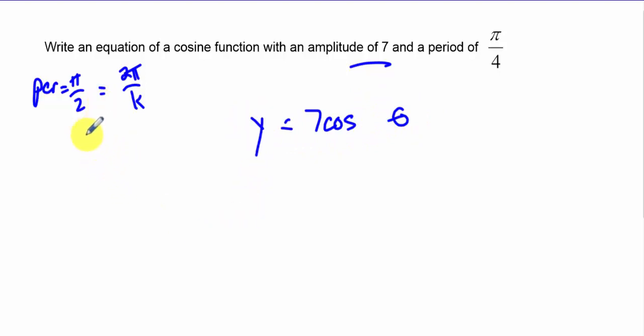So I go ahead and solve this, and I have 4 pi is equal to k pi, or pi k, divide by pi, and I get 4 is equal to my k value. So in this case, k is equal to 4. Here's my a, there's my k value, and I'm done.